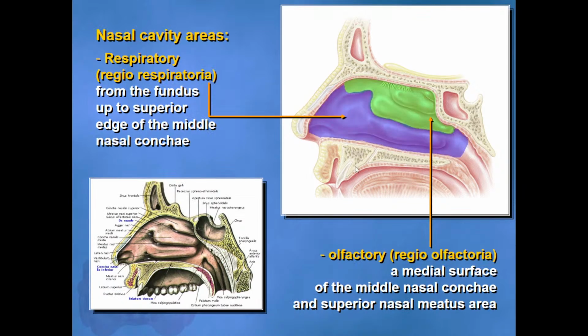You remember that the nasal cavity has two areas: the respiratory area and the olfactory area. The respiratory area is for breathing, the olfactory is for smelling, and its localization is on the medial surface of the middle nasal concha and the superior nasal meatus area.